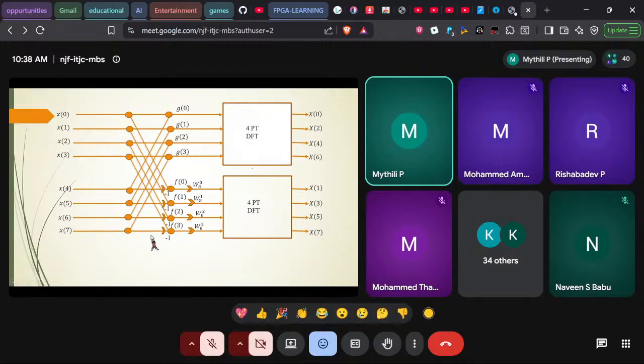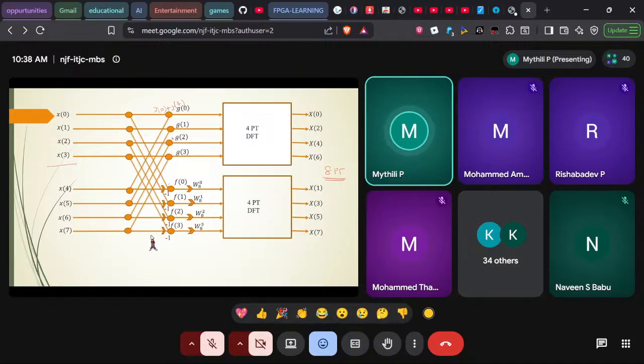If you want to find an 8-point DFT, this is the pictorial representation. You can see here we have simply divided the first half and the second half of the sequence. Then you are adding here: x of 0 plus x of 4, x of 1 plus x of 5, x of 2 plus x of 6, like that.